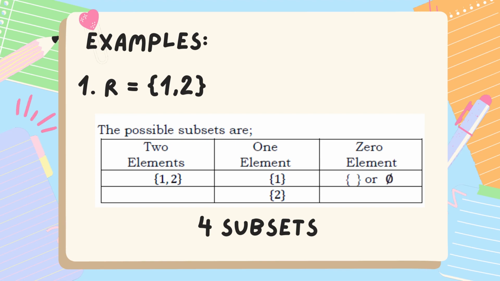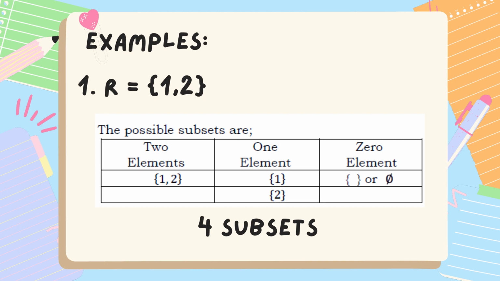Let us now have the following example. Given set R, the set of 1 and 2. Since it is stated a while back that a set is a subset of itself, the first subset that we will list is the set itself. So we have the set 1, 2. That is under the two elements.